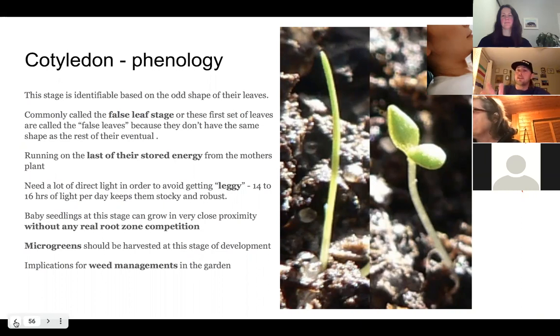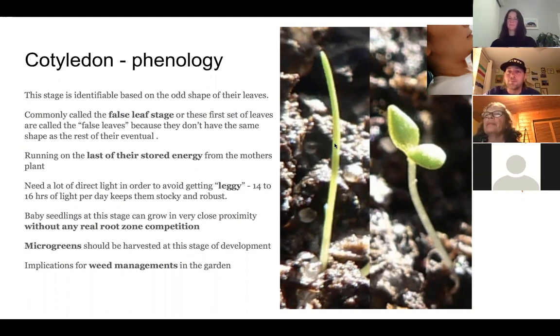I made the distinction earlier between the monocot and the dicot. The picture on the left here is obviously a monocot because just one leaf emerged. That is either a grass seed or I can't identify it. And over here, this is the dicot. You can see the two leaves. So that's the difference there.